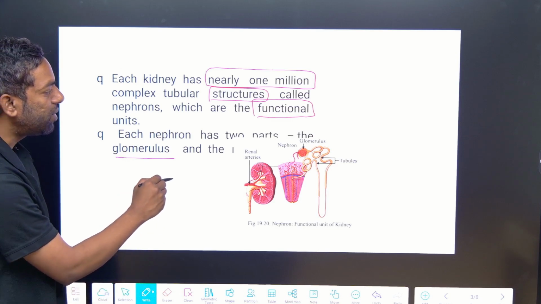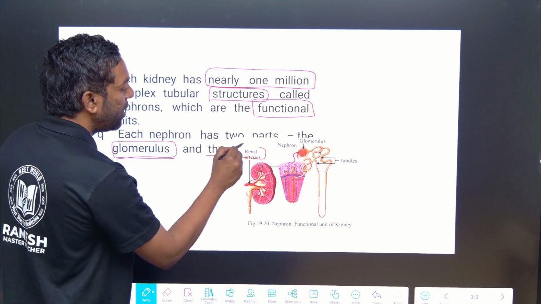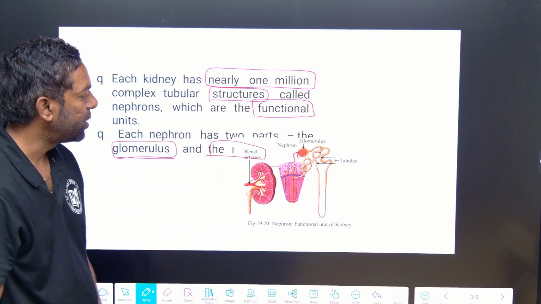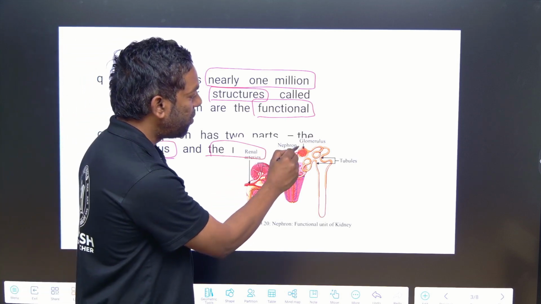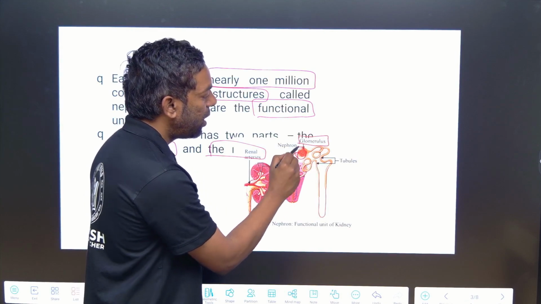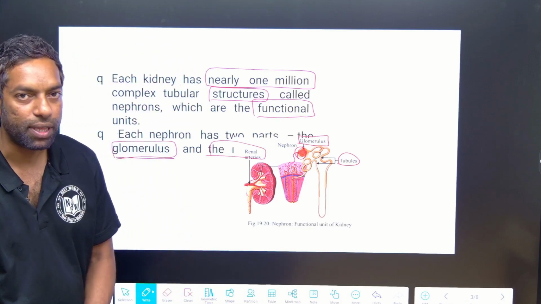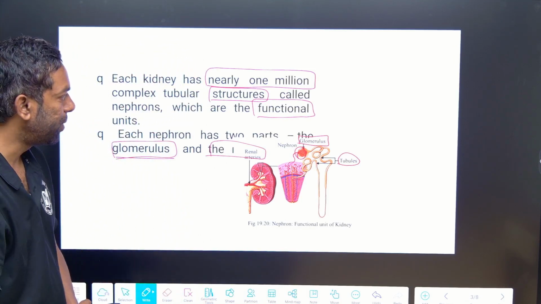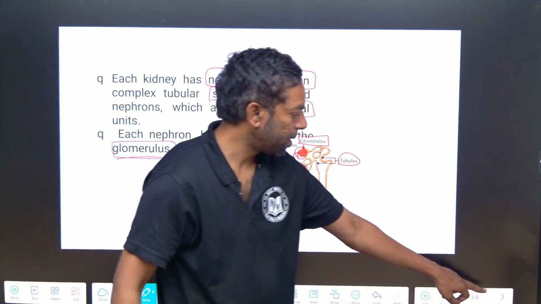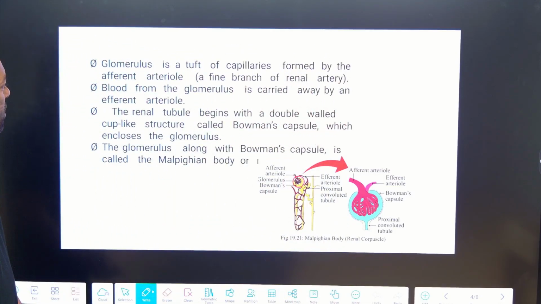Each nephron has two parts, as we said, the glomerulus and a renal tubule. Just look at this: it is the nephron, the glomerular capillary network, and the renal tubule, which is made from epithelial tissue.